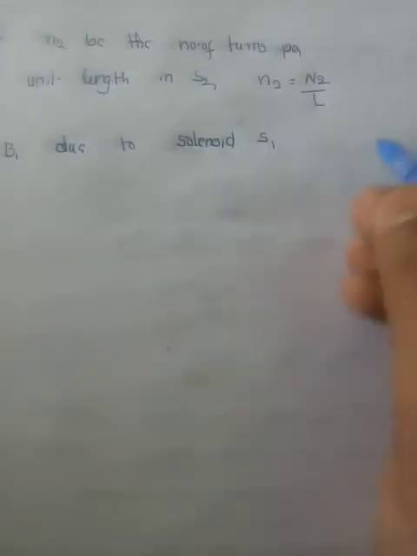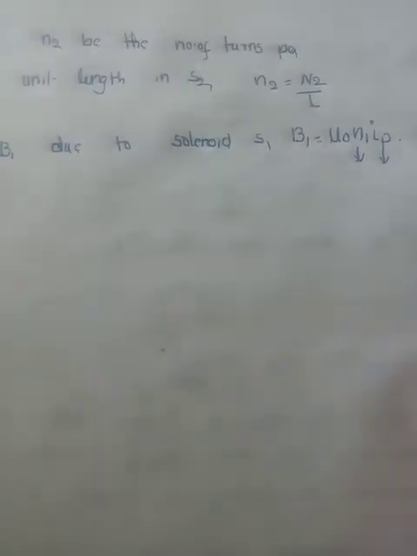So the magnetic field B1 due to solenoid S1 is B1 equals mu naught n1 Ip. The number of turns per unit length in the primary coil is n1 and the current flowing is Ip.